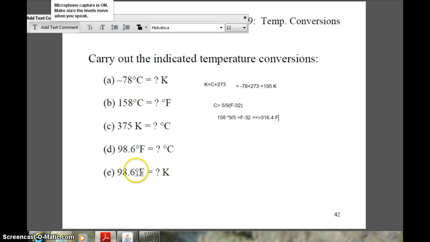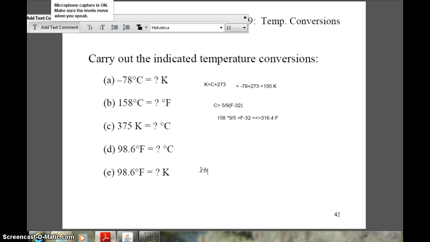Realize one of these is going from Fahrenheit to Kelvin. How do we go about it? Please realize that that's a double conversion. You will first need to convert the degrees Fahrenheit into degrees Celsius, and then convert the degrees Celsius into Kelvin. So let's first do that.